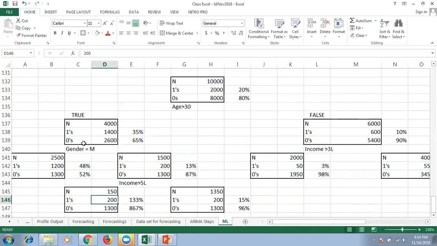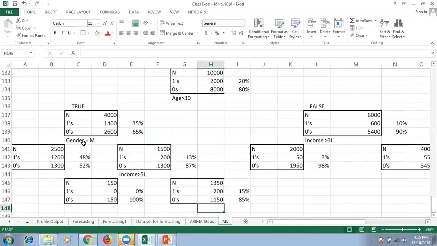Out of these 150 customers, 0 customers are bad and all are good customers. So 150 customers are good customers. And what about this? All 200 customers are bad customers, and 1150 customers are good customers. This is the split you got.